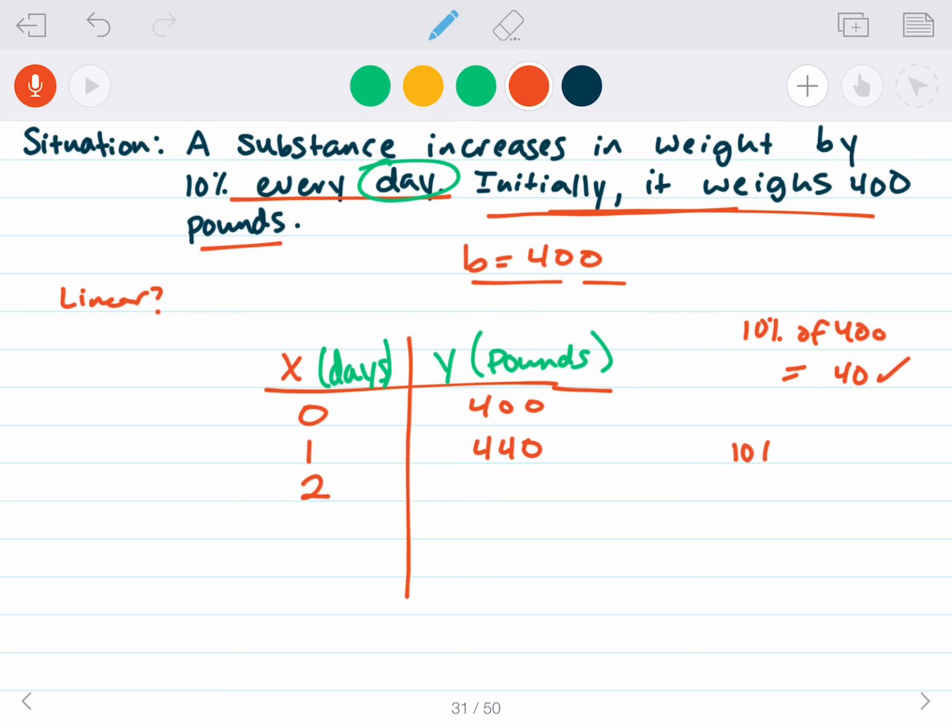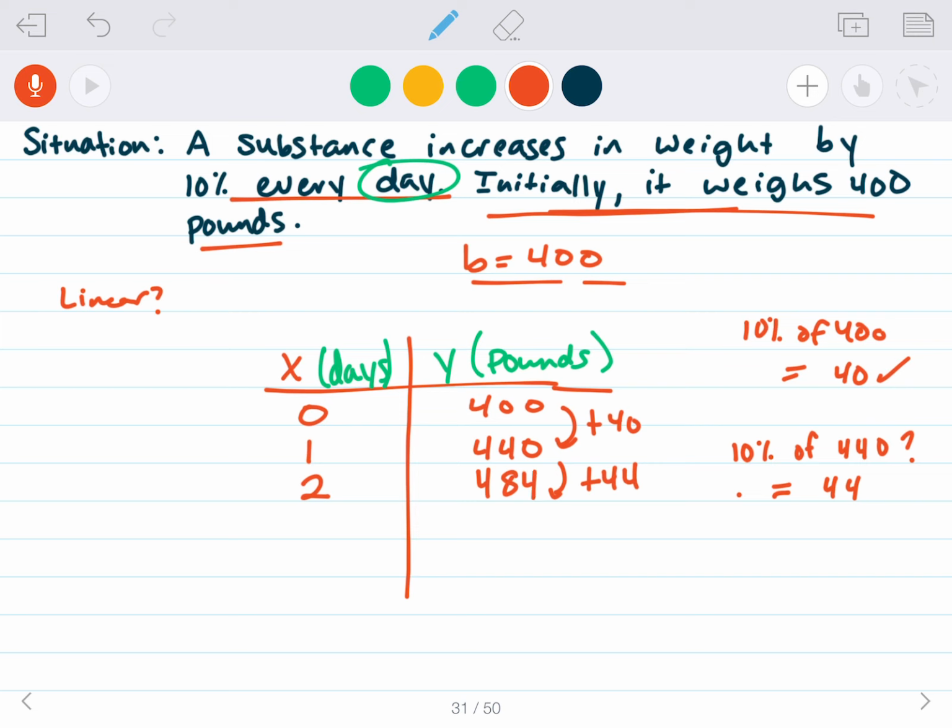So 10% of 440 is going to be 44, right? So we're increasing by 44, so this is plus 40, and here we're increasing by 44, so that's going to be 484.